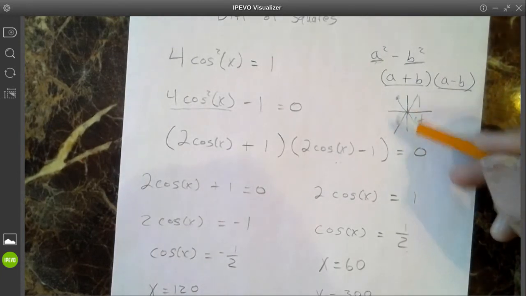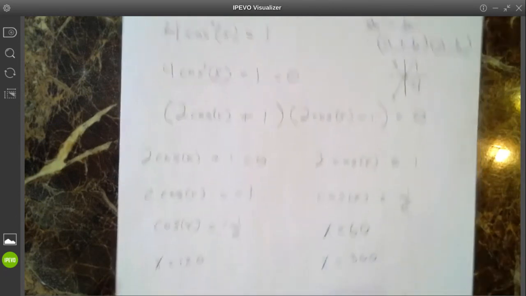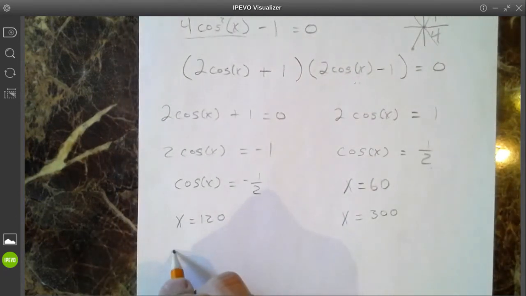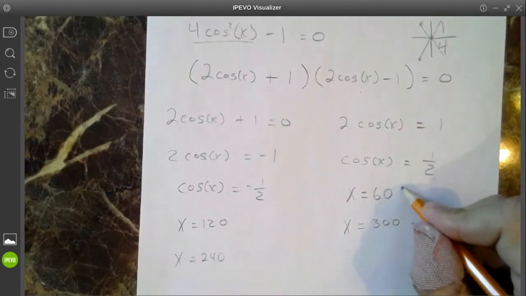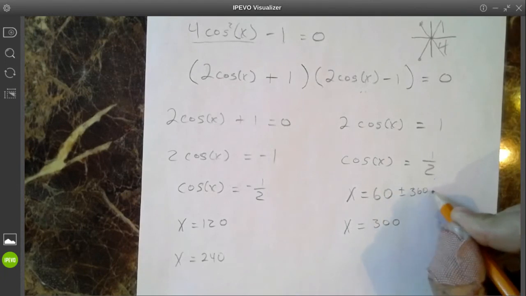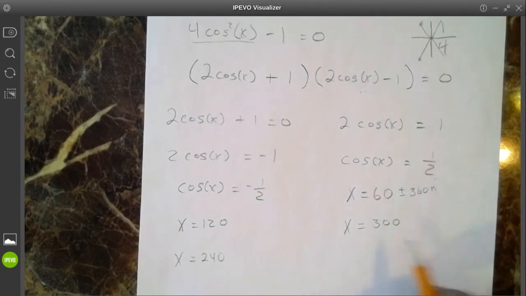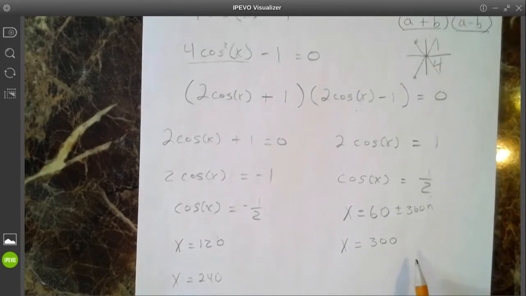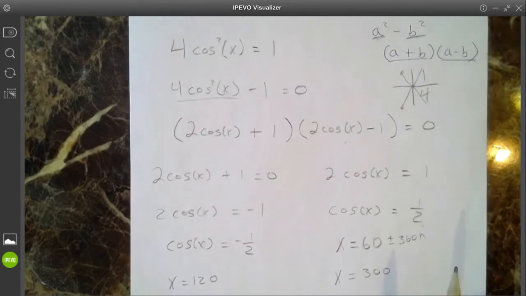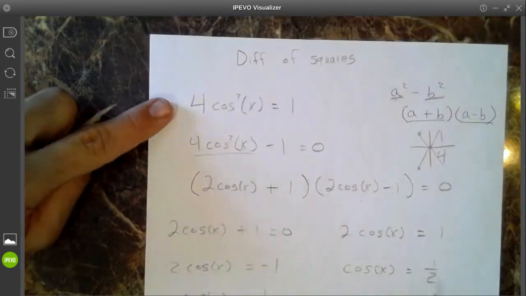So 120, this one's going to be 240. X equals 240 degrees. And then, of course, you could do the plus or minus 360 in. But 60, 300, 120, and 240, those are the 4 answers between 0 and 360 that will satisfy this equation.